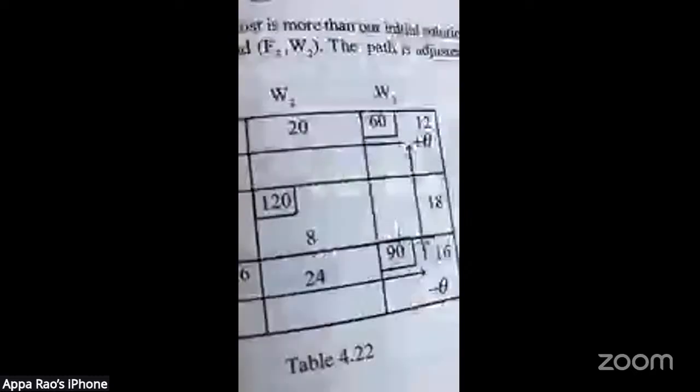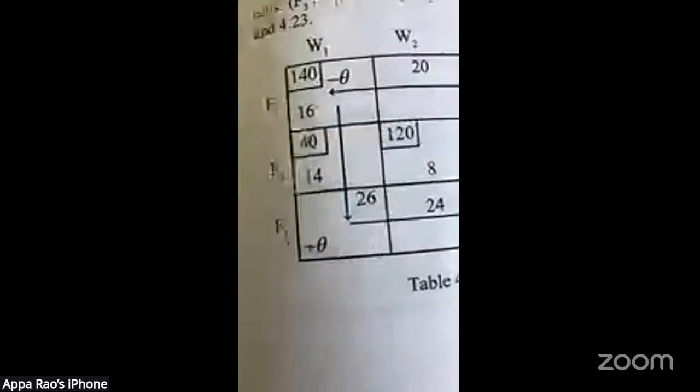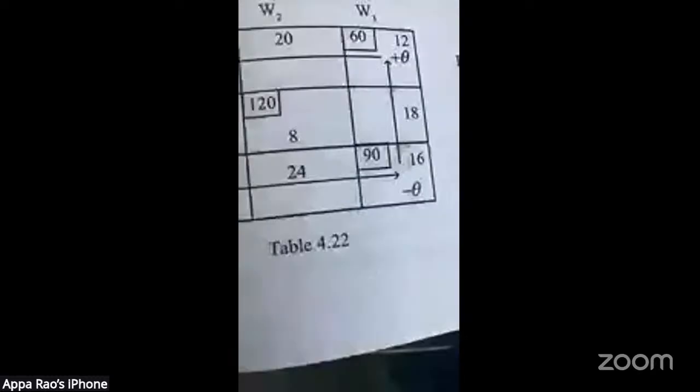Minus theta, 20, 60, 12 plus theta. So 40, 14, 120, 84, 90, 18, 16 minus theta.